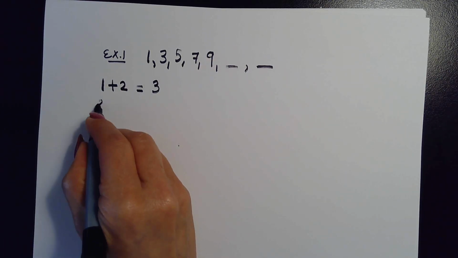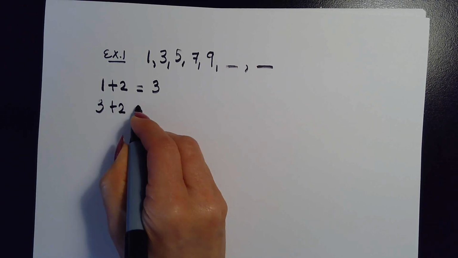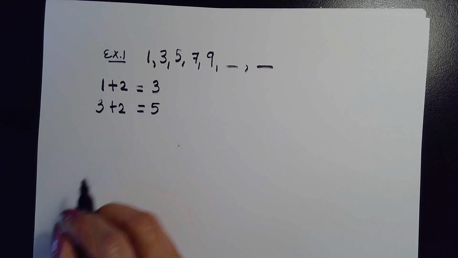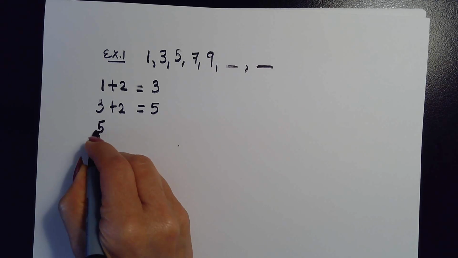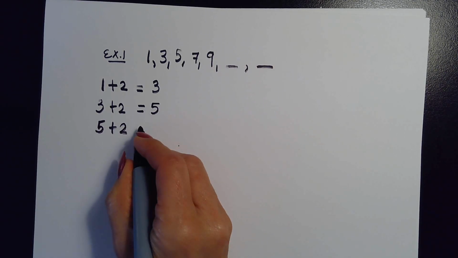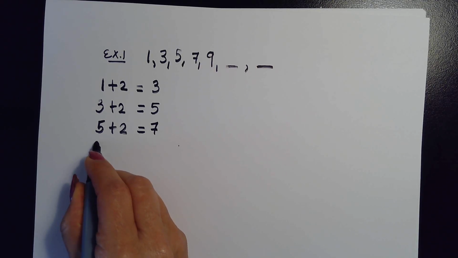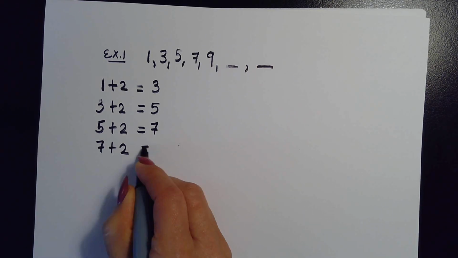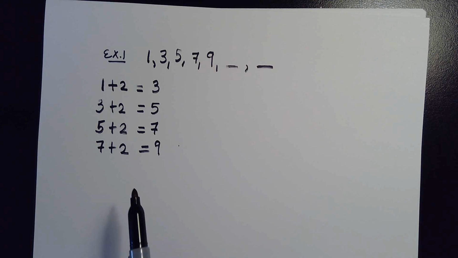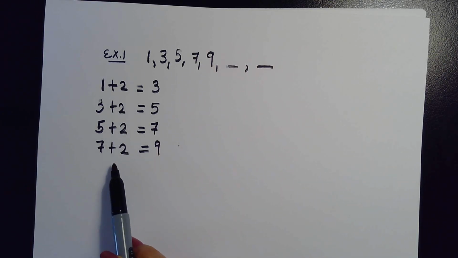Then we look at 3, and if we add 2, we get 5. And then if we look at the next item, 5, and if we add 2 to it, we get 7. We look at the next item, 7, we add 2, and we get 9. So we can see that consistently we're adding 2.